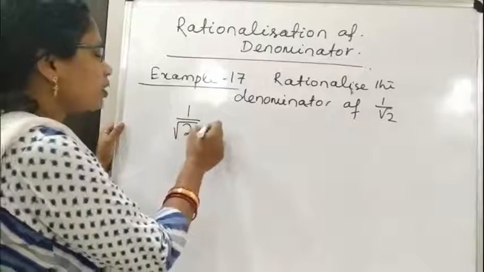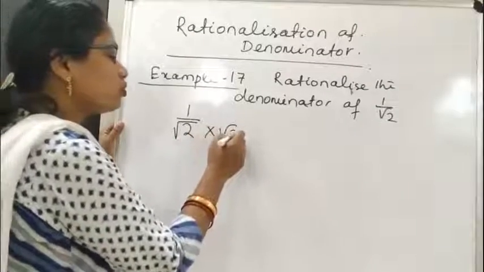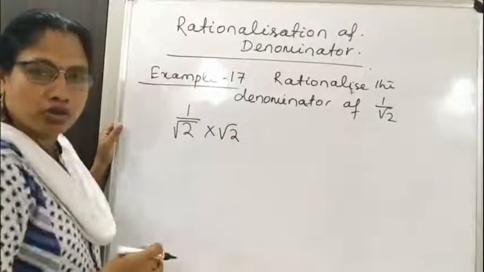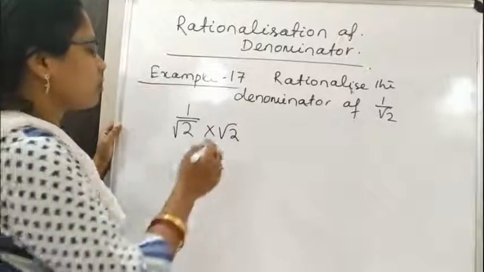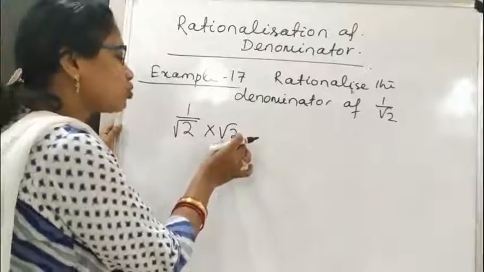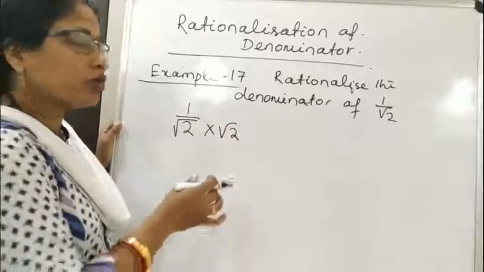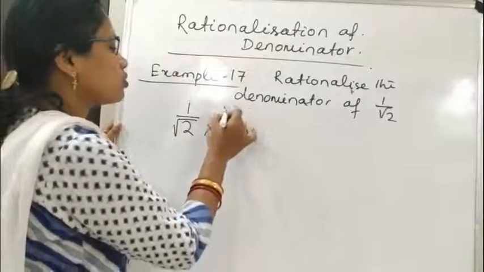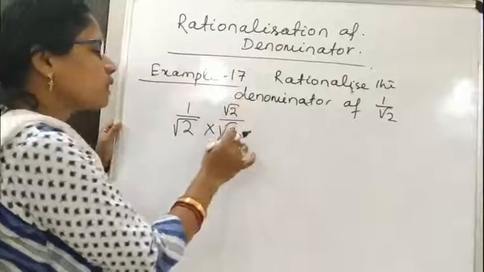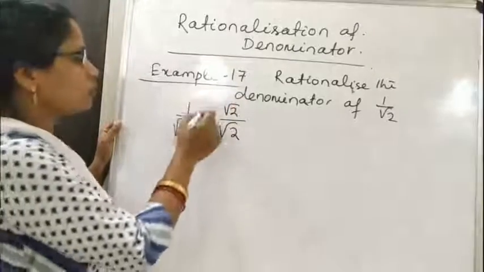So if we multiply root 2 by root 2, that becomes 2. That is a rational number. But if we multiply root 2 with the denominator, then we have to multiply root 2 with the numerator also. So we will multiply root 2 by root 2 with 1 by root 2.